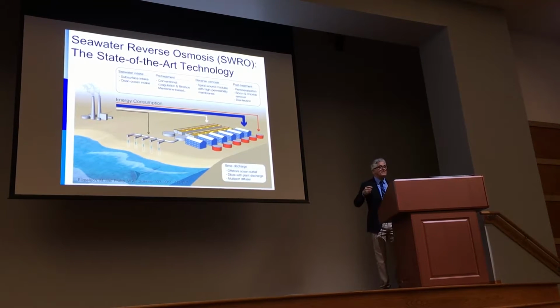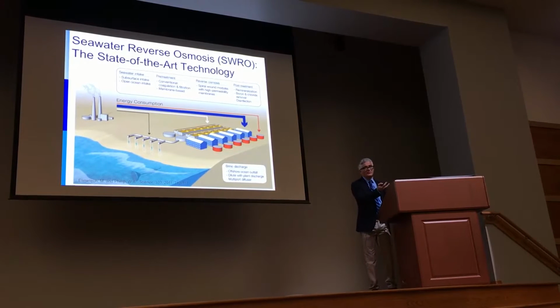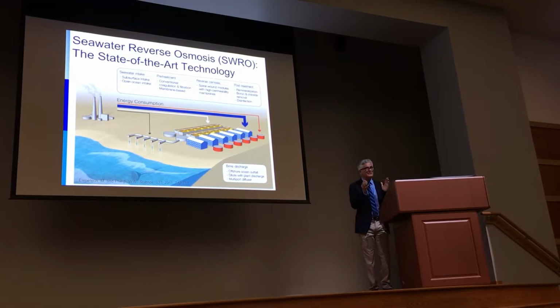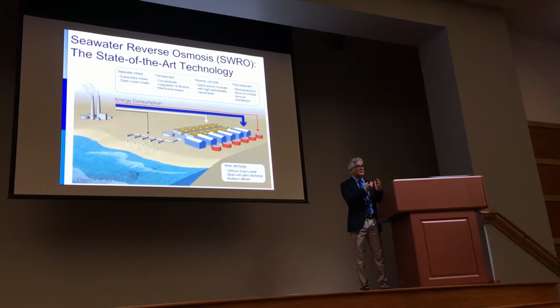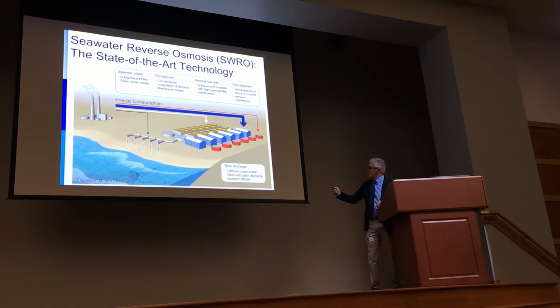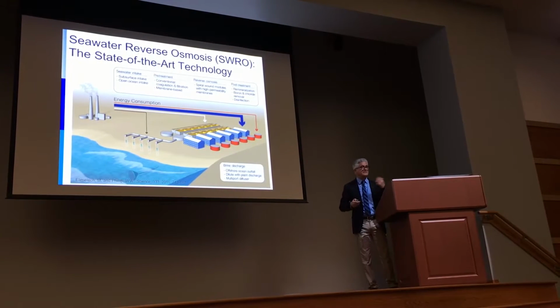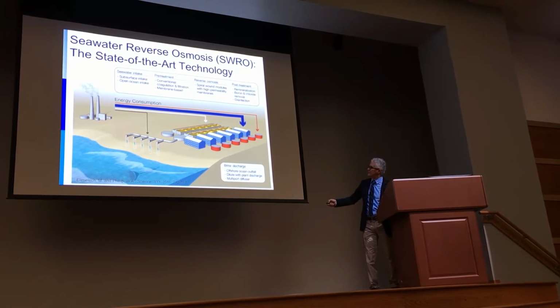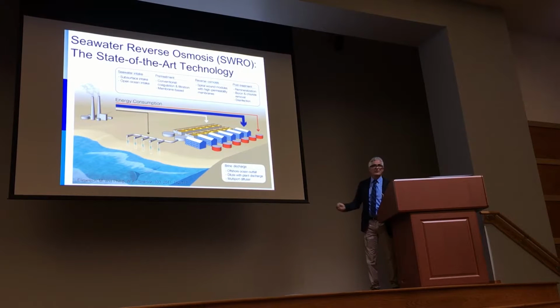There is a pretreatment, similar to the way we treat water for drinking water that you see here. Then the main stage is the reverse osmosis unit that really desalinates and removes the salt from the water. And you also have post-treatment here, which is very important to add minerals and some other things that are mentioned later. And in the end, you discharge the brine to the ocean.